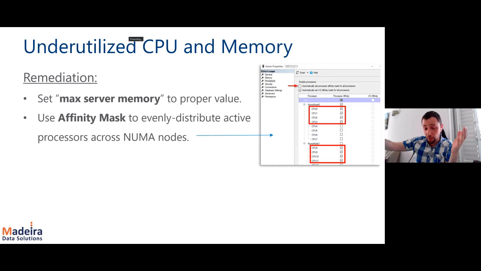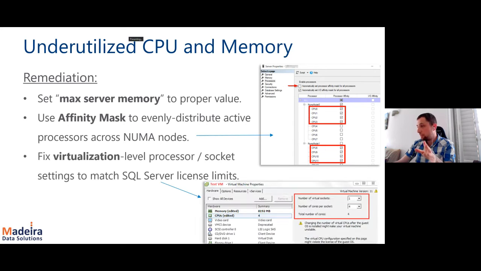So until then, you should have your NUMA nodes balanced, at least as a temporary solution. Of course, once you do take the fix, remember to change it back to not set the Affinity Mask.